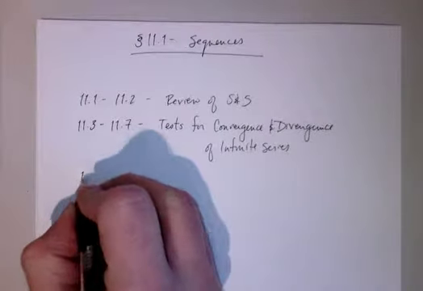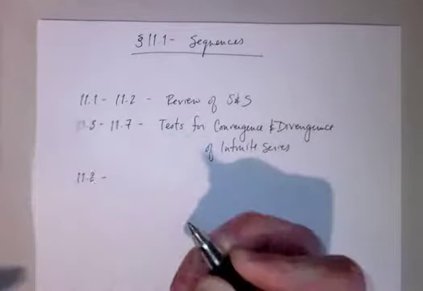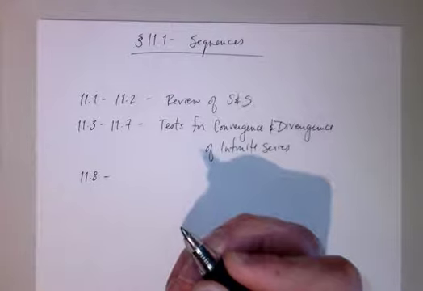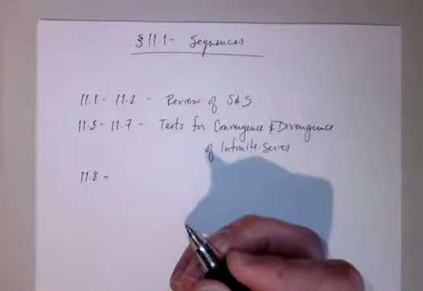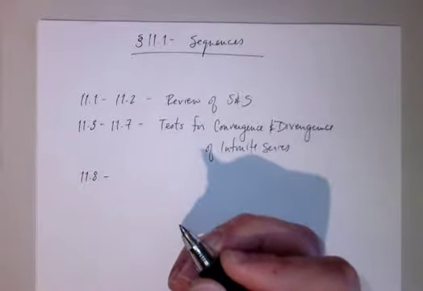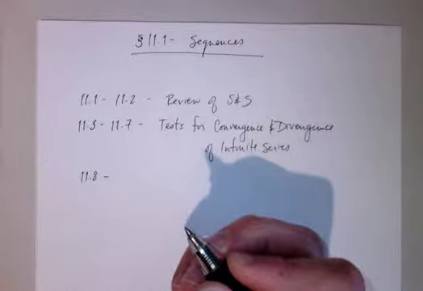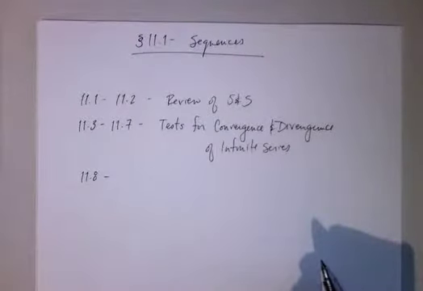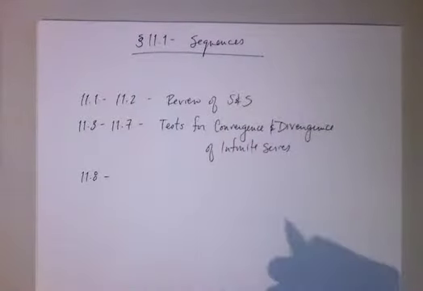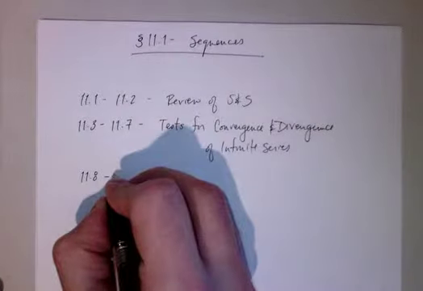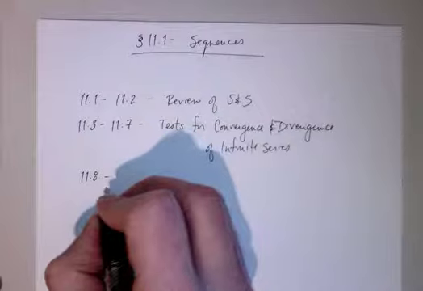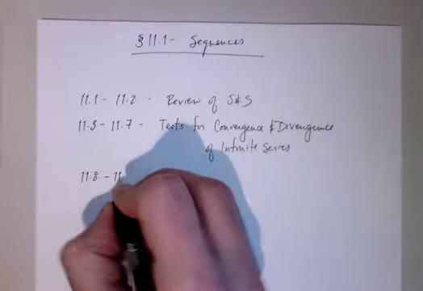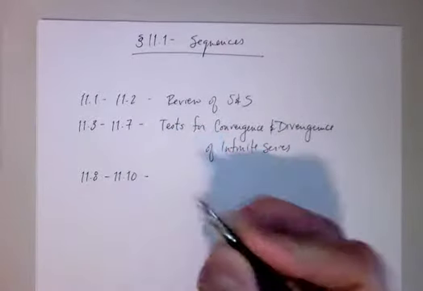The rest of the chapter from 11.8 on, 11.8 to 11.11, deal with not numerical series, but what are called power series, or sometimes more specifically Taylor-Maclaurin series. So basically, instead of an infinite sum of numbers, it's an infinite sum of variables. So it basically looks like an infinite polynomial. 11.11 deals with application problems, and I never taught those.